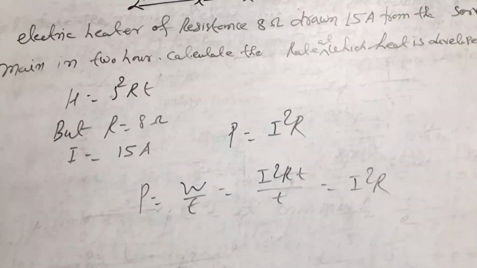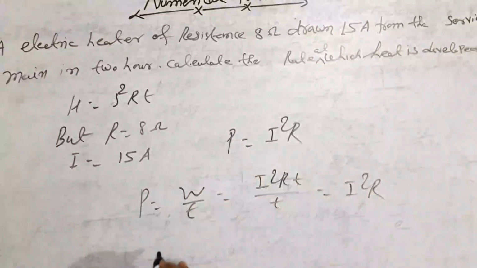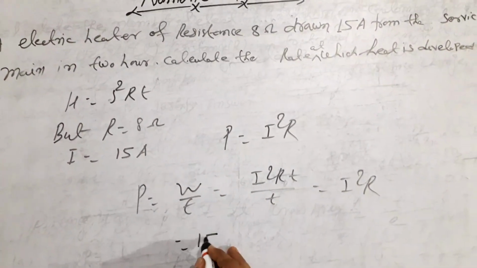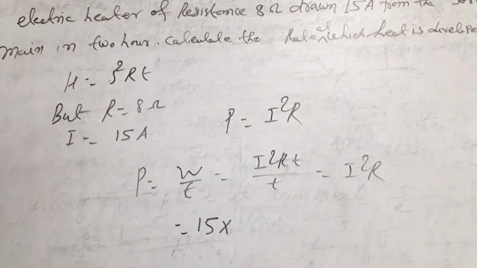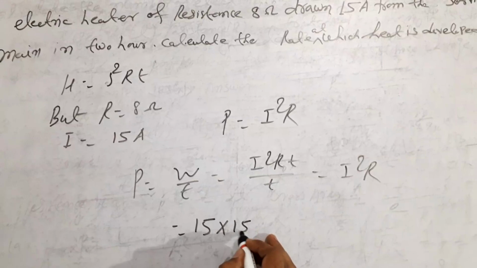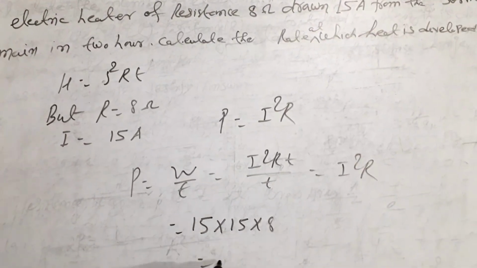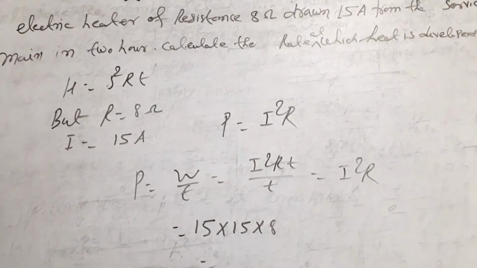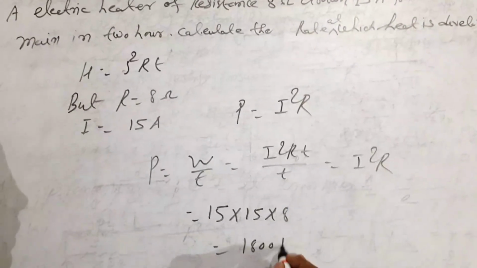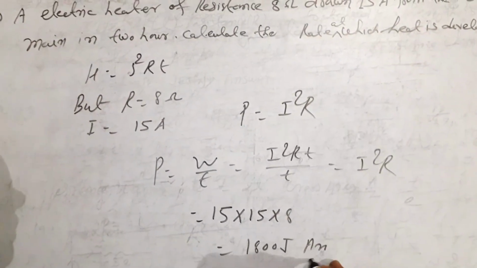How much is your answer? 15 multiply by 15 multiply by 8. Then you solve this question. Your answer is 1800 joule. This is your answer.